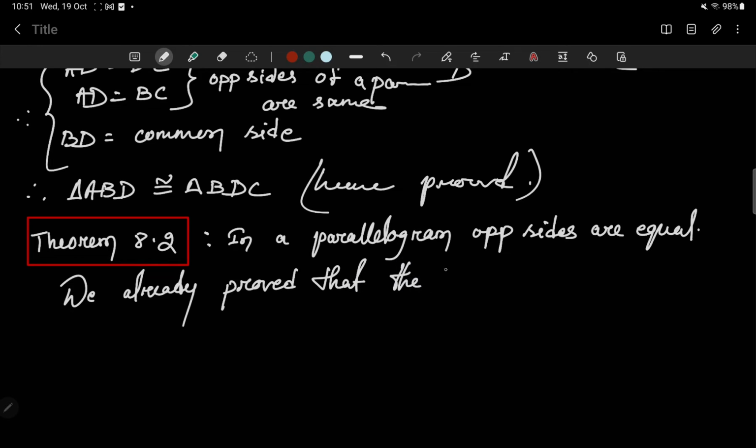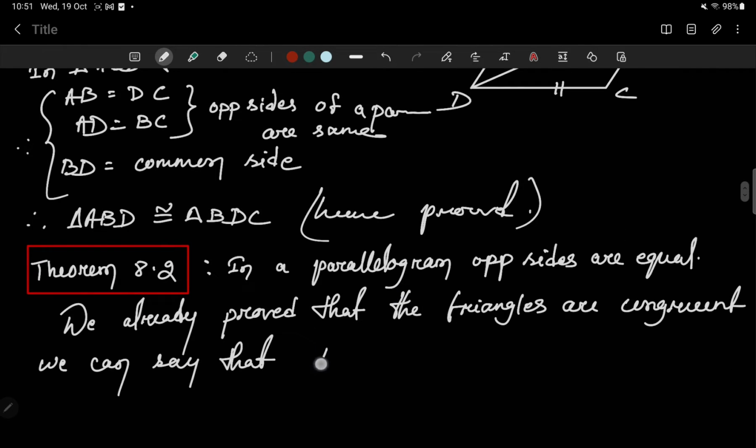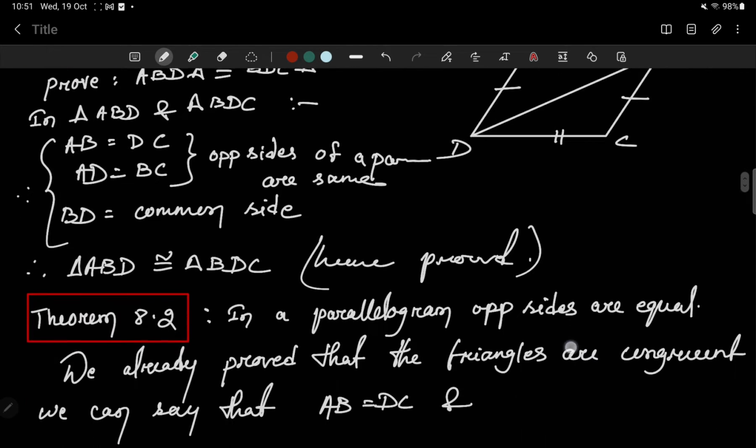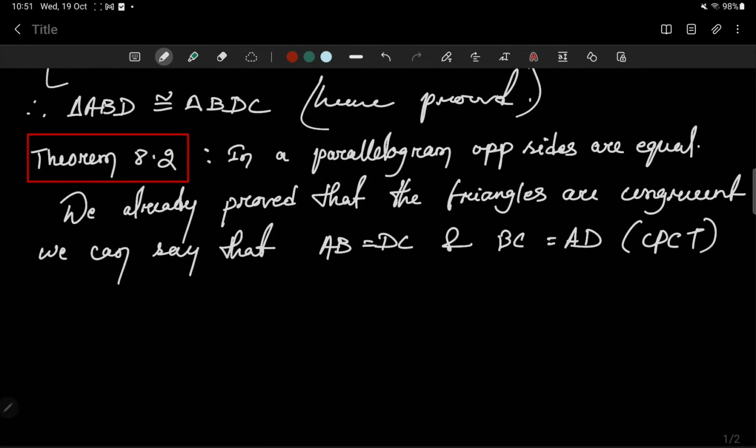We can say that AB equals DC and BC equals AD, due to CPCT. Hence we can prove that in a parallelogram opposite sides are equal.